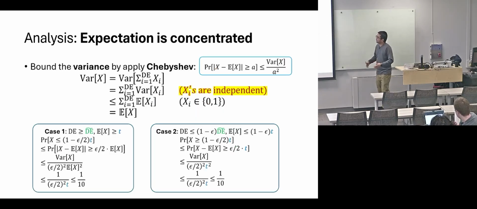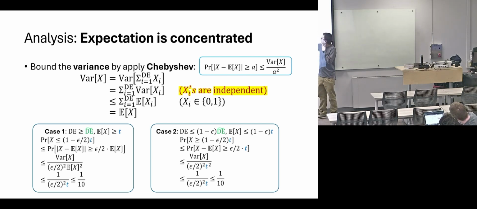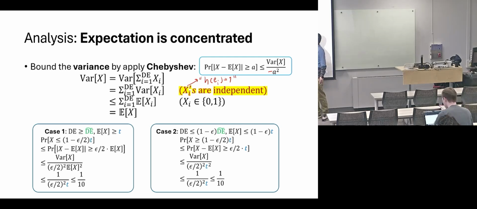What about when we try to compute the variance? This is a step where we need that the xi's are independent. Note that xi is just the event that the ith element is mapped to 1, right? So it means that we want the events that ei is mapped to 1 to be independent from each other. Okay.